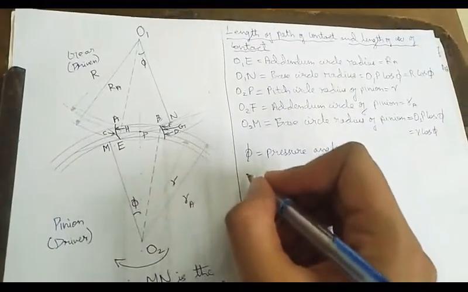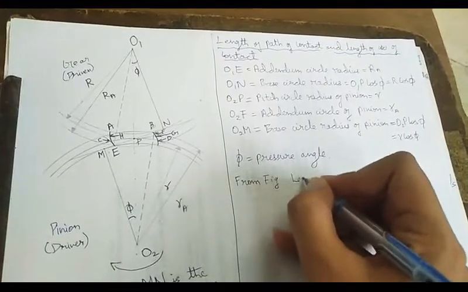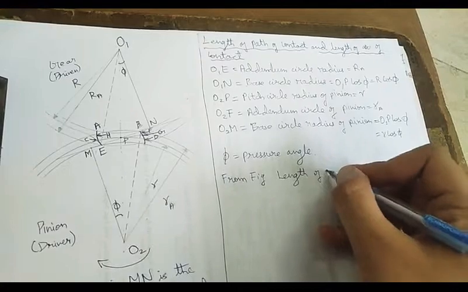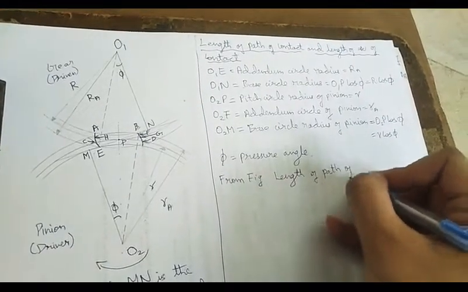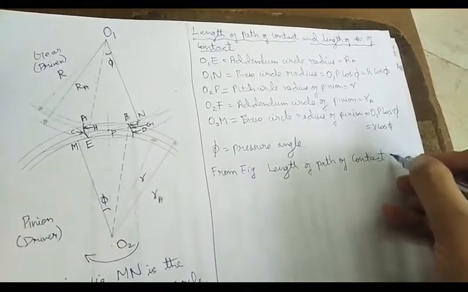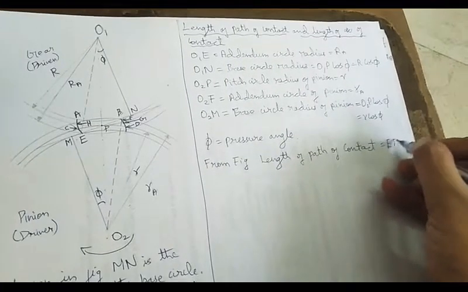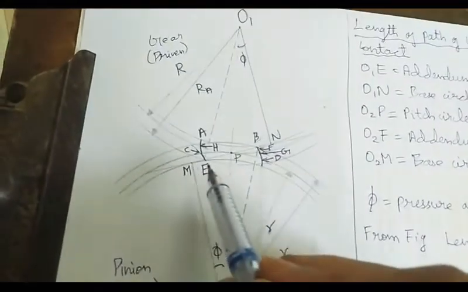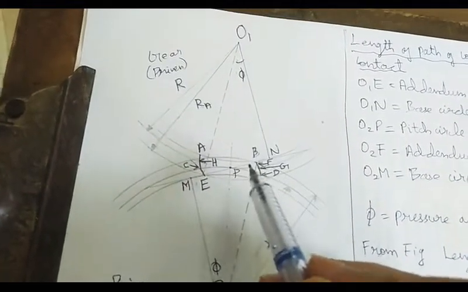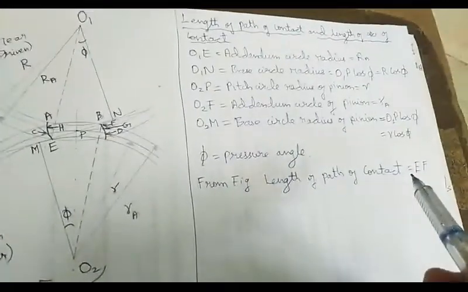Now from the figure, the length of path of contact is EF.